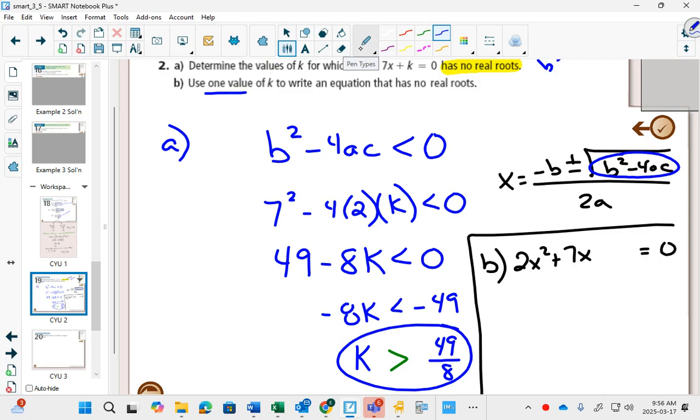All right, let's do some mental math. 49 over 8 is approximately what? It's a bit bigger than 6, right? Because 6 times 8 is 48. So it's going to be 6 point something.